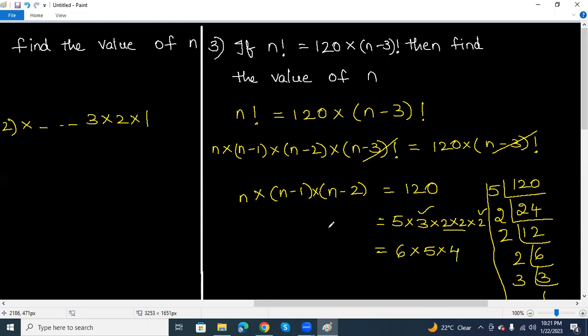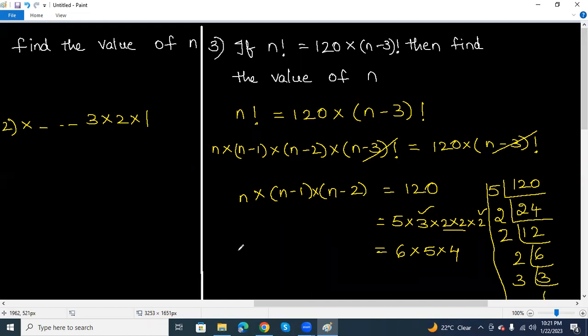Why did we represent it this way? On the left hand side we got n, and n decreased by 1, and n again decreased by 2. So these are the 3 consecutive numbers which start with n. In the same way, 120 we factorize and put as a product of 3 consecutive numbers.